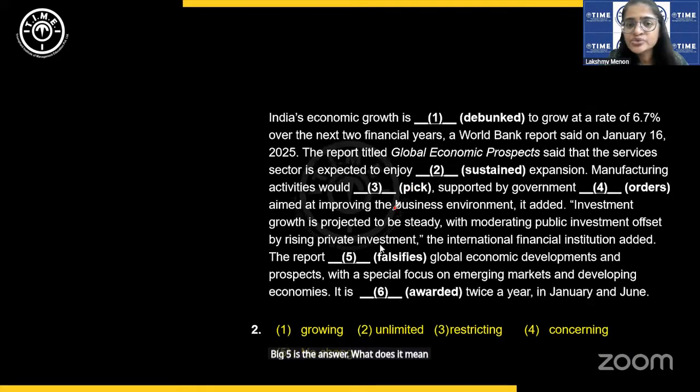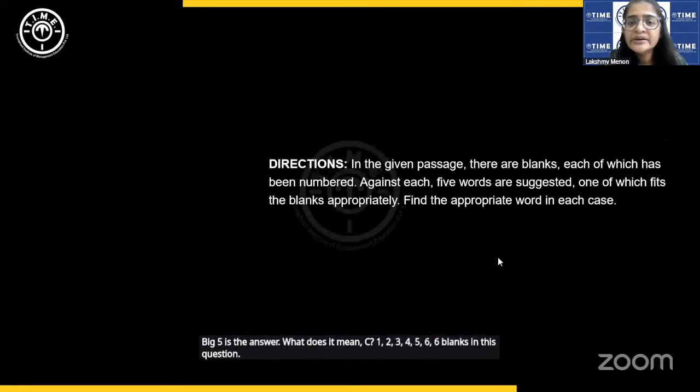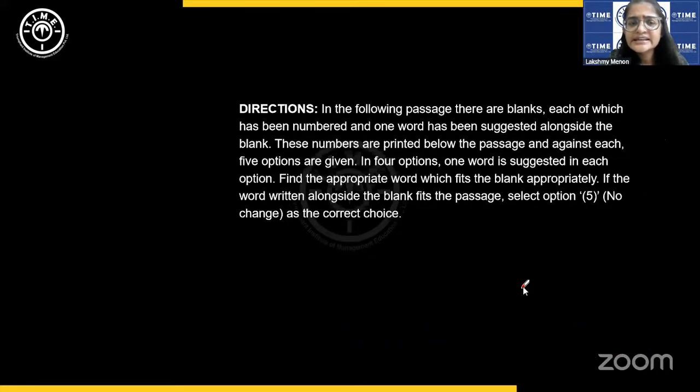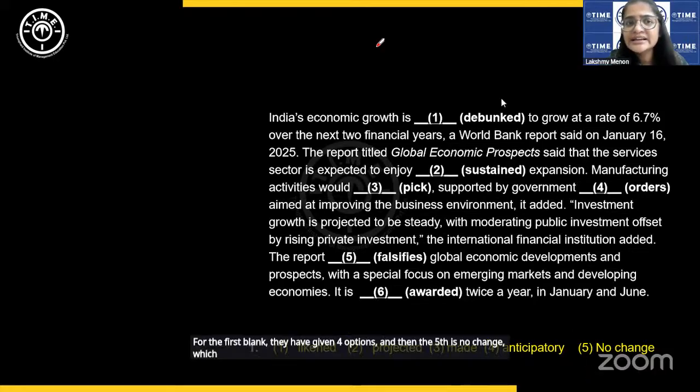See, 1, 2, 3, 4, 5, 6 blanks in this question, and then the first question is for the first blank. For the first blank, they have given 4 options, and then the 5th is no change, which means that debunked would be the best word to fit in there.